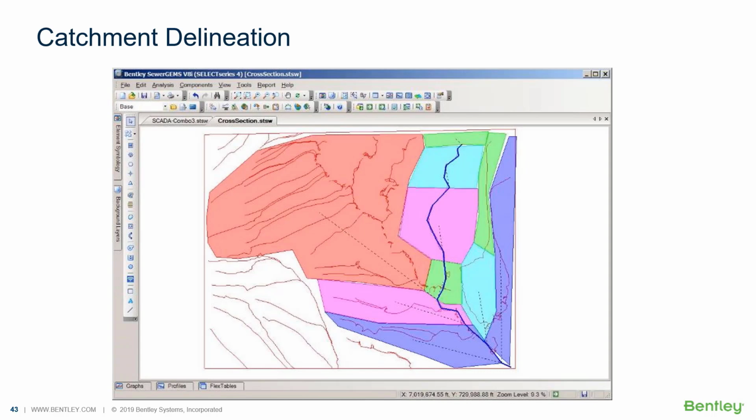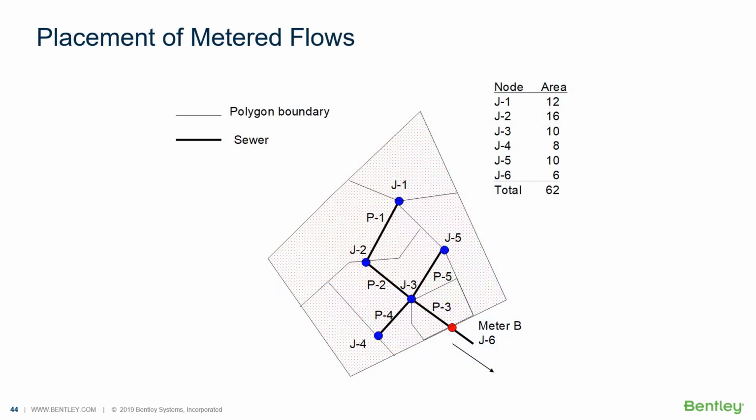Nowadays, you basically click on, do some catchment delineation for me, and it will spit out the catchment delineation. So you see where the water gets into the system, and how much each entry point is related to the catchment size.